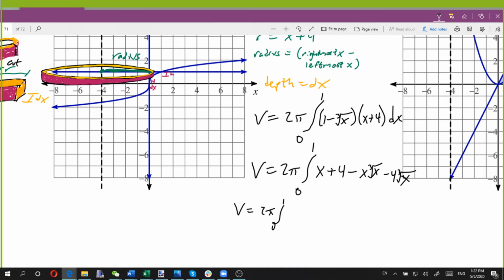X to the 4/3 power. Perfect. So if I write from least to greatest: x to the 4/3 plus x minus 4x to the 1/3 power plus 4x to the 0 power, which we don't have to write. Okay, all times dx.